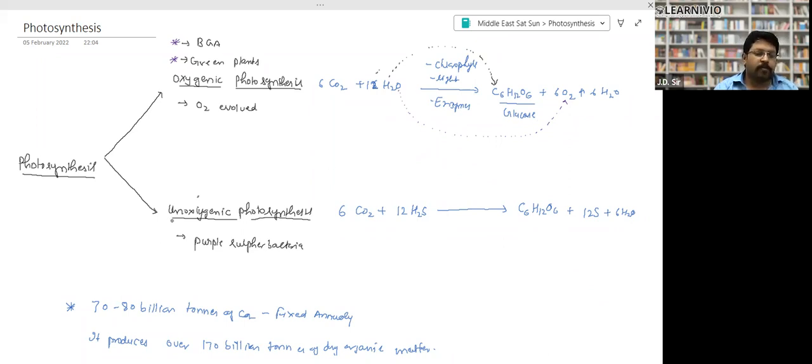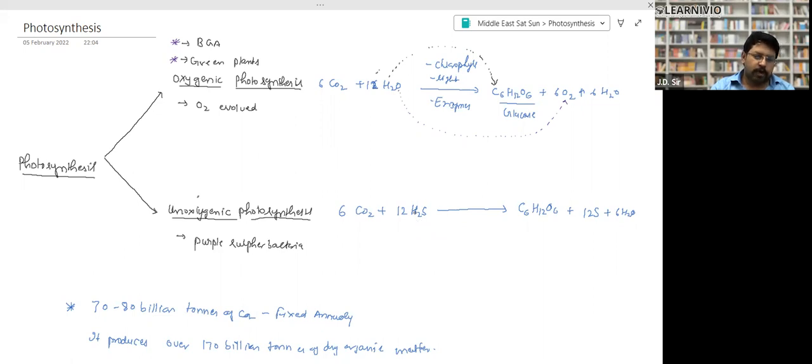There is another kind of photosynthesis, anoxygenic photosynthesis. In anoxygenic photosynthesis, the formation of oxygen does not take place. It takes place in purple sulfur bacteria, right? 6 CO2, 12 H2S.